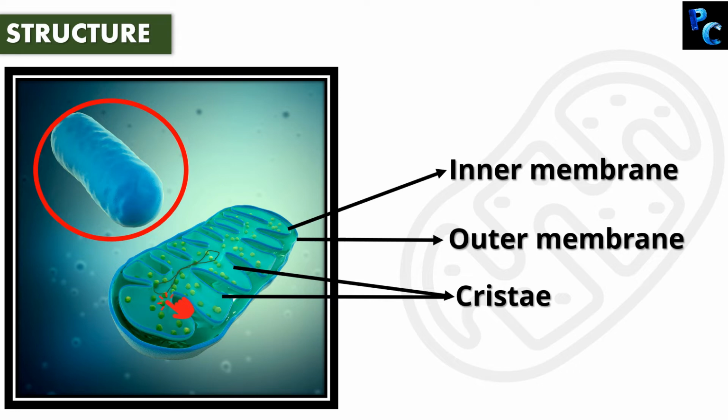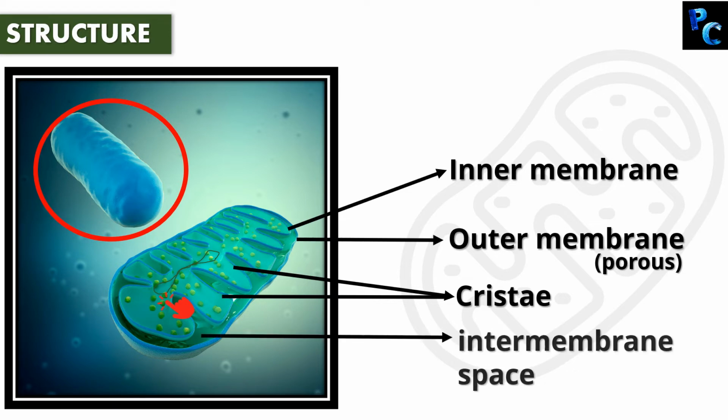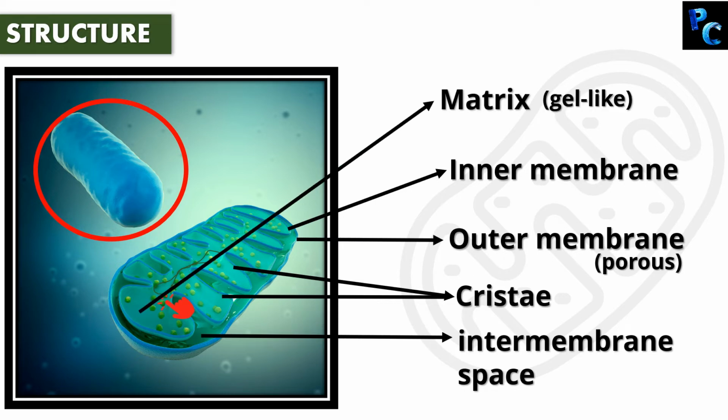Cisternae are elongated sac-like structures and cristae is the folding of the inner membrane of mitochondria. The outer membrane of mitochondria has pores and that's why the outer membrane is called porous. The space between the outer membrane and the inner membrane is called intermembrane space and the space inside the inner membrane is called matrix, which is gel-like.